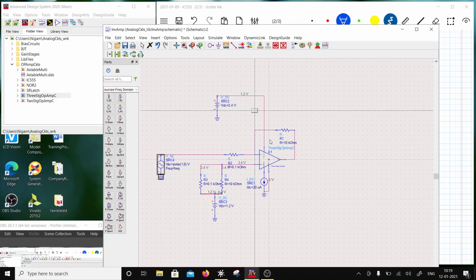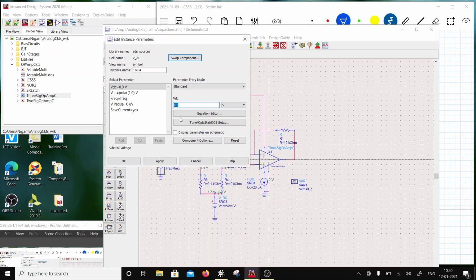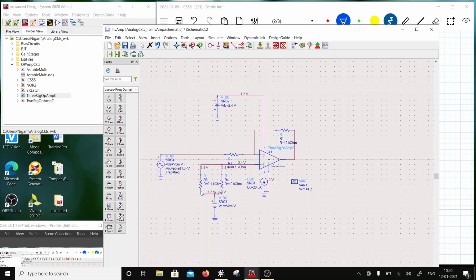So let's create a variable VCM, and this VCM is 1.2, and that VCM is the common mode here. And similarly here the DC value would be VCM. Okay, so both are VCM, common mode voltage, right?